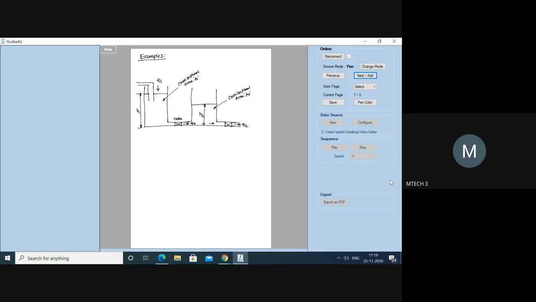Please note down this diagram. Over? No, sir. Not done. Not done, no problem.